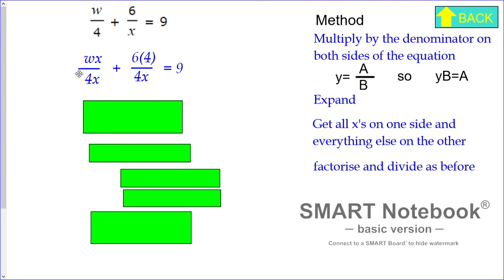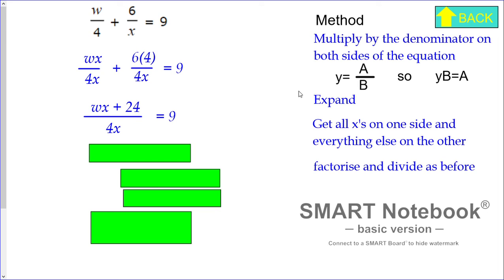And here it is. So we've found a common denominator of 4x, and we've used equivalent fractions. Now we simply add the numerators and keep the denominator the same, just like when adding fractions. So our numerator is wx plus 24 divided by 4x, our common denominator. All of that equals 9.